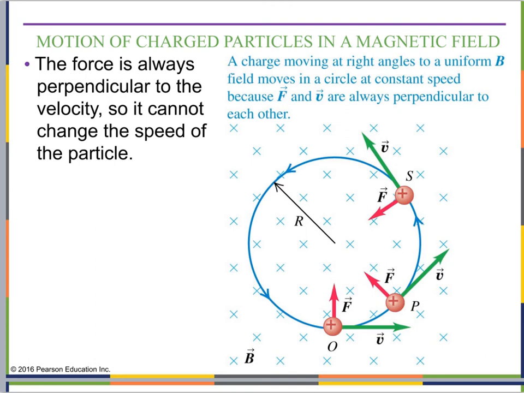One of the things that is interesting, if you think about it, in terms of the force that a charge feels in a magnetic field, is that it is always perpendicular to the velocity, which means generally, because the velocity will be just the change in its position over time, the force is also perpendicular to the displacement, which means that this force doesn't do any work.